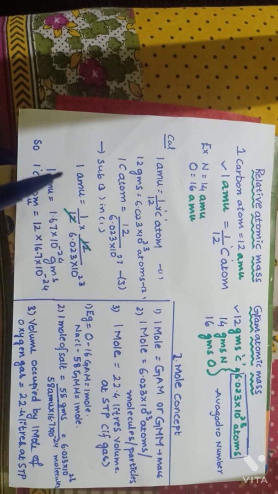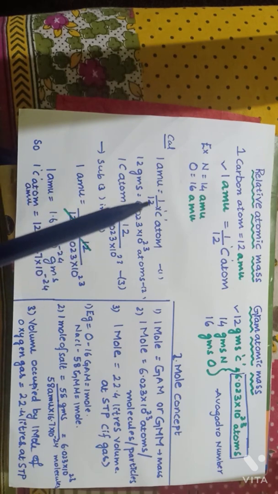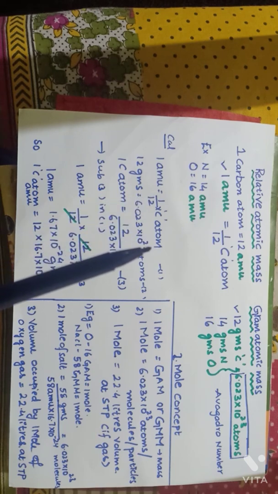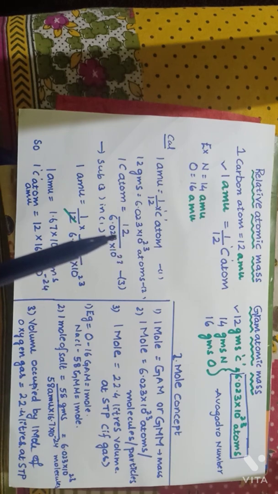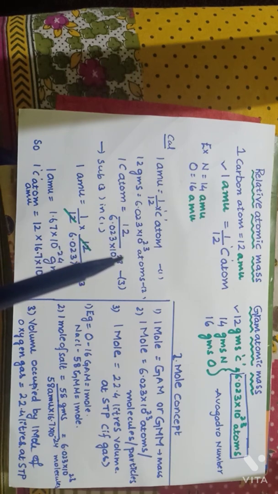Now we want to convert this 1 atomic mass unit into grams. We have the equation 1 by 12 into carbon atom. What is this carbon atom now? We got that, it is 12 by 6.023 into 10 power 23.